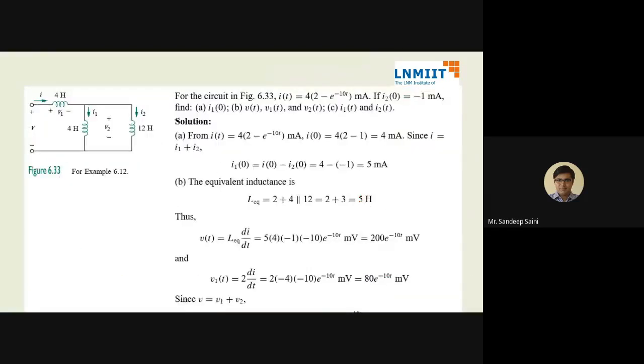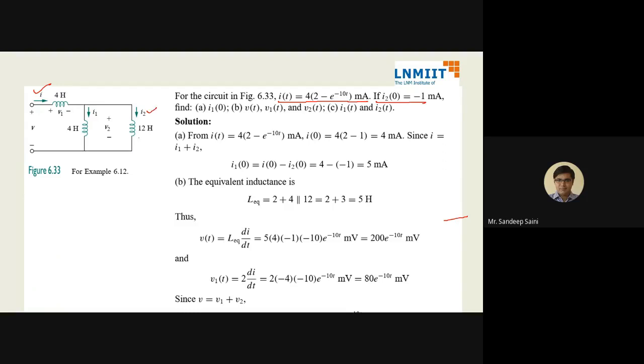Okay, now we have a few questions. So there is a circuit given to us. For this circuit, what is I(t)? This current is 4 into (2 minus exponential minus 10t). If I2(0), see, what is I2?